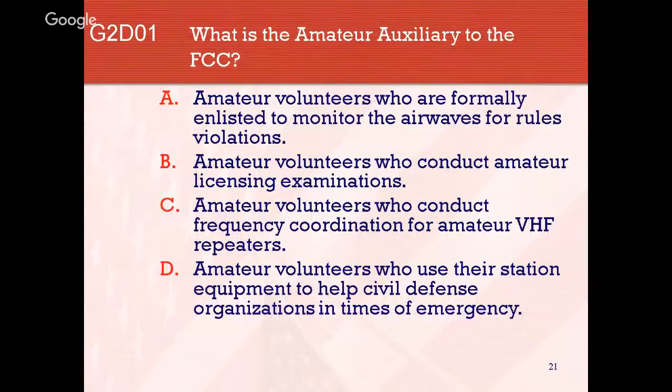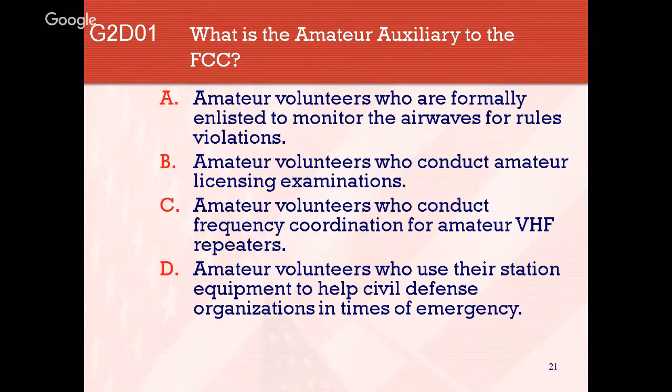What is the amateur auxiliary to the FCC? Now we kind of covered this a little bit. They monitor the airwaves. You look at the list of available answers here. Amateur auxiliary does not conduct amateur licensing examinations. They don't conduct frequency coordination for VHF repeaters.